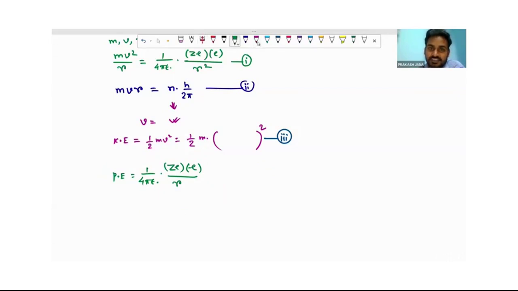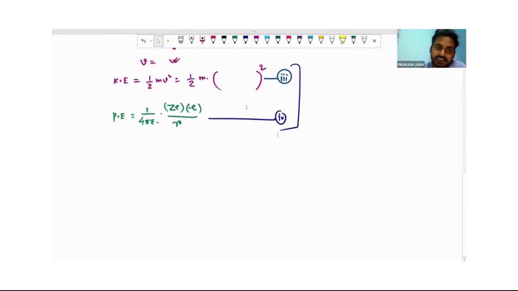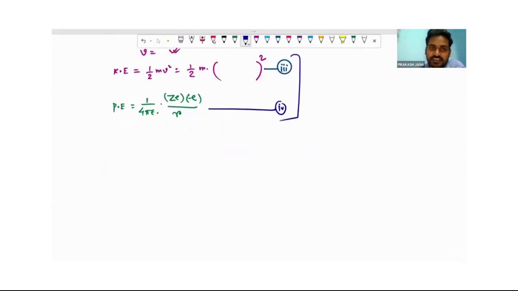Okay, so suppose this is another equation, equation 4. So from equations 3 and 4, that is the expression of kinetic energy and potential energy, we can easily get the expression for the total energy of the electron, which is nothing but minus RCH Z square by N square, where Z is the atomic number, N is the number of the orbit in which the electron is revolving, and TE is the total energy of the electron revolving in the nth orbit.